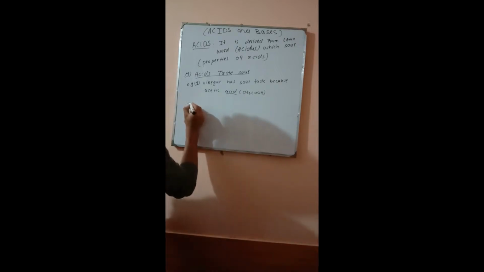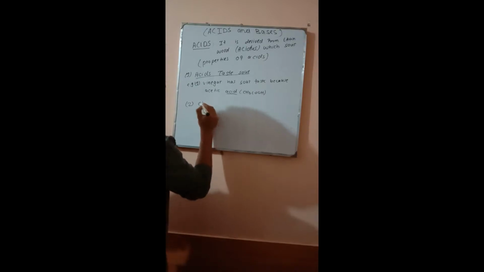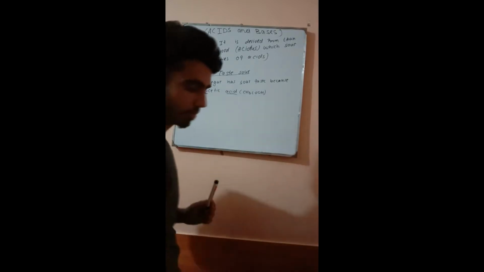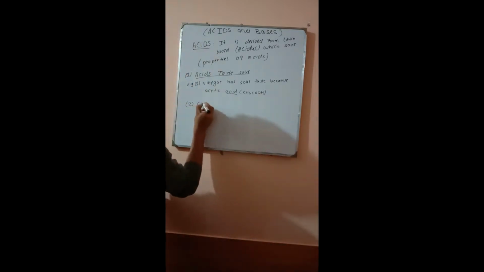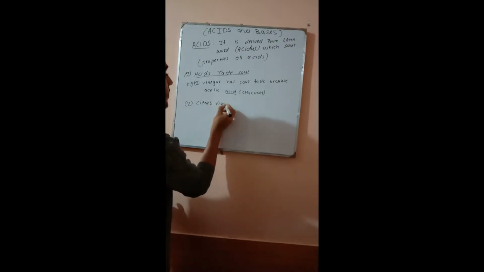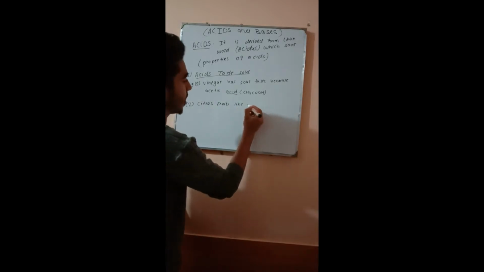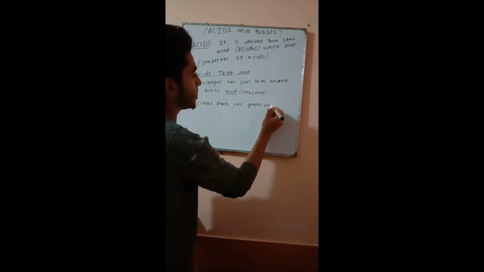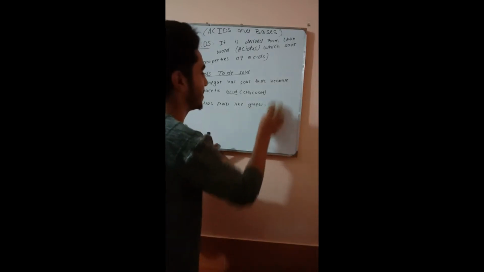The second example is citrus fruits. Citrus fruits like, for example, grapes, vinegar, sorry, vinegar is not a fruit.